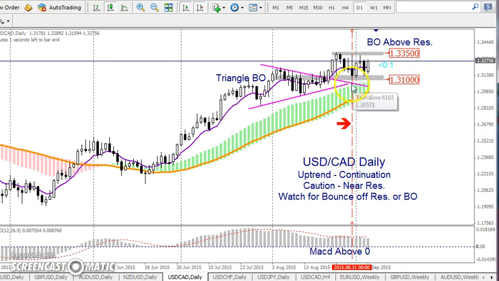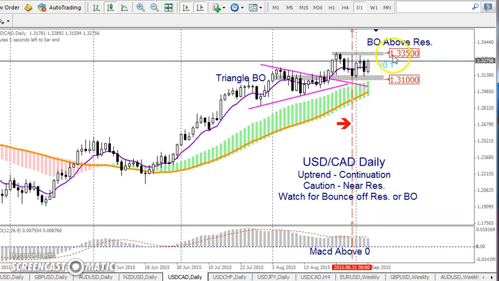I believe the underlying strength, which you can see with this green area right here, which I call the green cloud, is pushing price higher. This is the long-term support zone. And eventually I believe price is going to go higher. So we're in an uptrend. I believe the uptrend is going to continue.